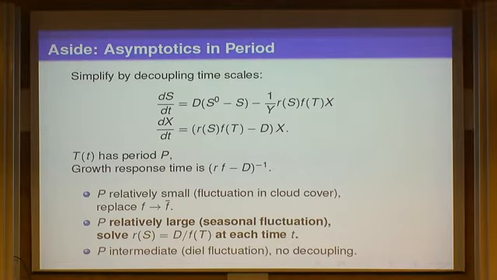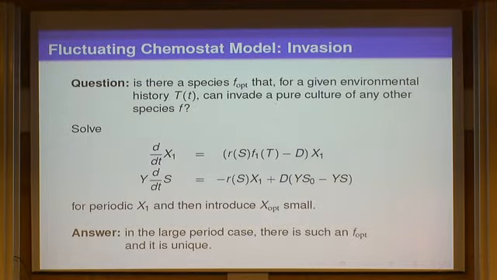So when you do this, F of T is changing very slowly compared to the dynamic time scale. If you do the asymptotics, you can assume this is almost fixed, and then solve at each given time for a fixed F. So that makes it easy, relatively speaking.